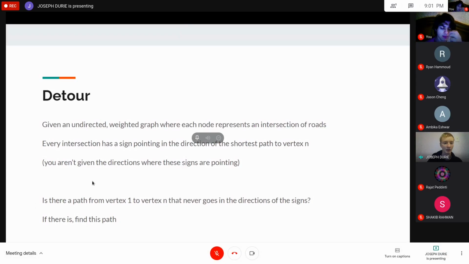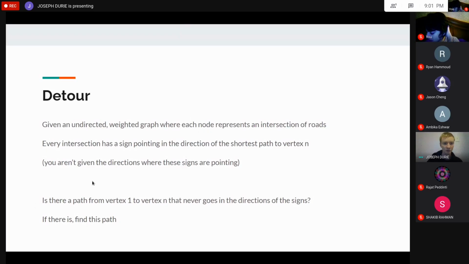So what technique that we brought up seems like it would be the most useful here? If you wanted to figure out what direction all the signs were pointing in, what's one way you could do that?